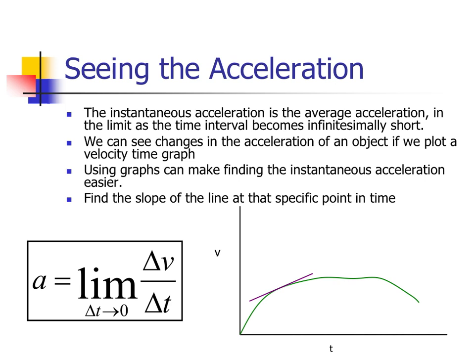But again, we're trying to find that time interval when we're doing limits and we're trying to find that instantaneous acceleration. We want our time intervals as small as we possibly can. That's kind of the key in moving forward with those. How small of a time interval can I have?